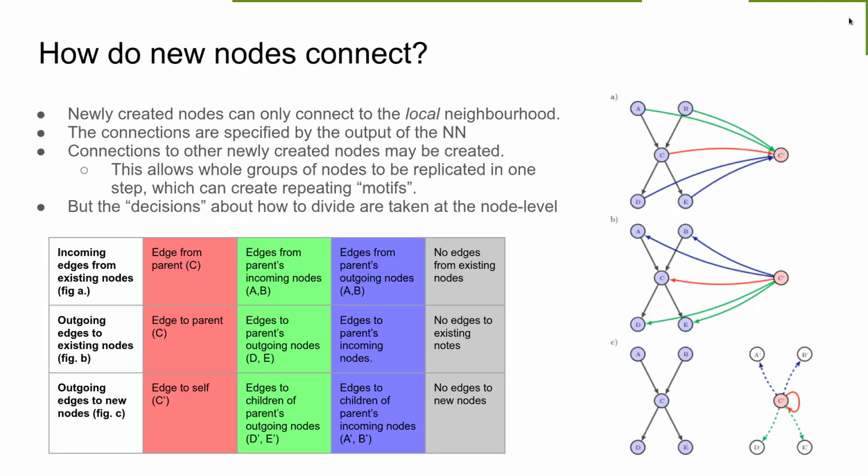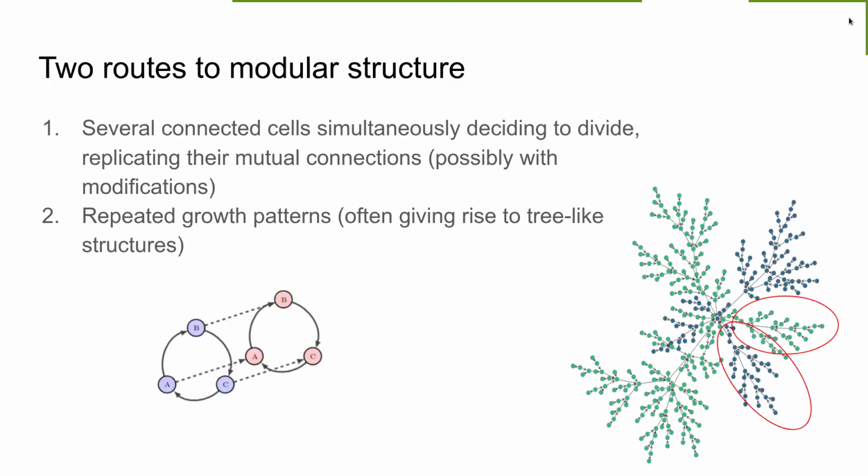It can also have edges to its parent and to its parent's neighbors, and importantly, it can also have edges to other nodes which have been created in the same time step. So that means you can get whole groups of nodes which all decide to divide at the same time and retain their mutual connections amongst themselves. And that allows these 2 different routes to modular structure.